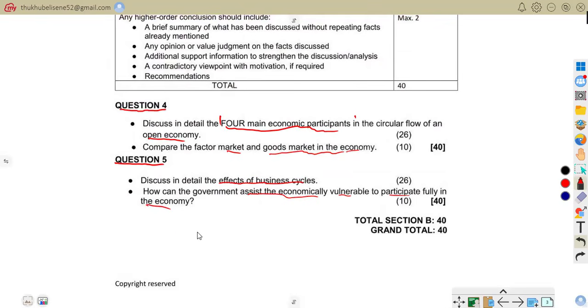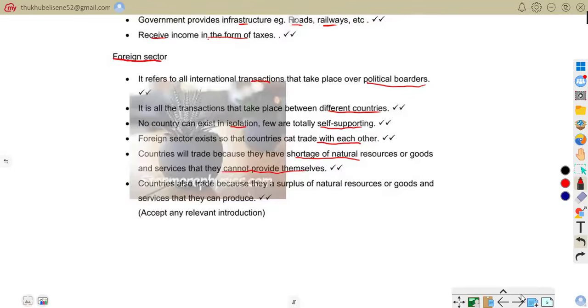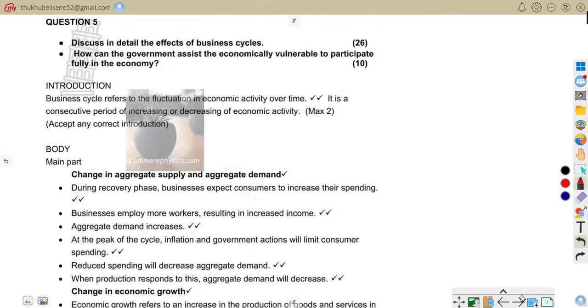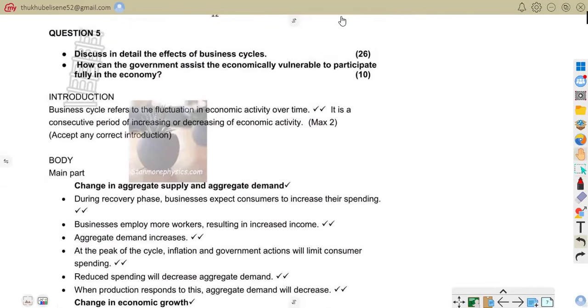That is our question 5. So now let's quickly go to the answers on question 5.